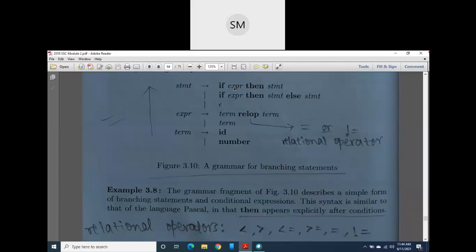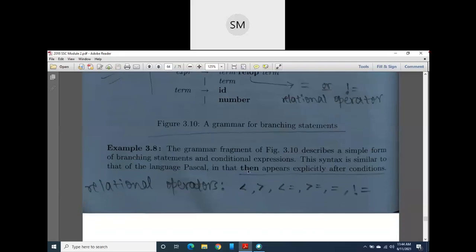We simply use open brace and close brace, right? So based on that only we understand it is then. But in Pascal, explicitly we write then. Remember it. In Pascal language, we use this then almost all the time after the condition expression only. It is a universal truth.